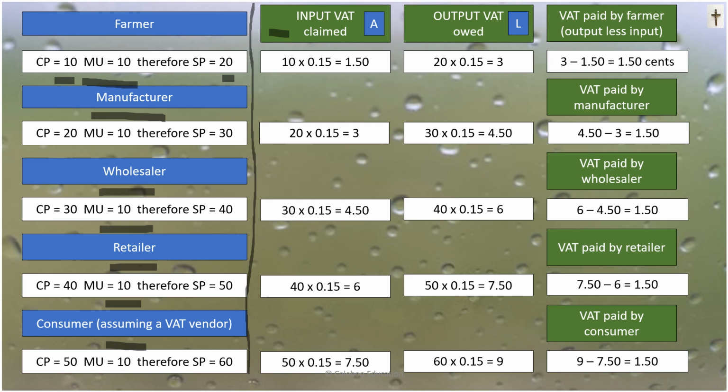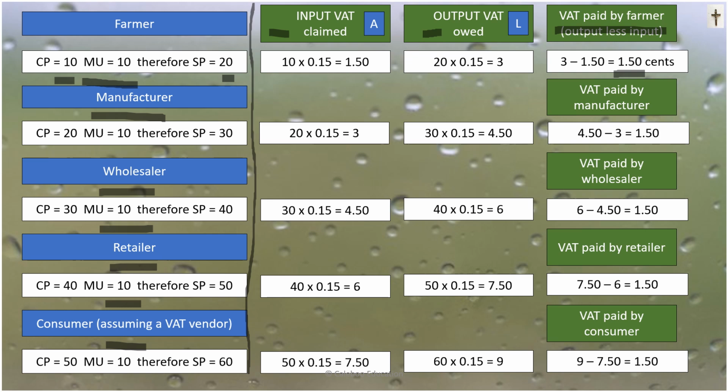We are going to calculate the VAT on the selling price, that is the output VAT. Then we're going to find the difference between the output VAT and the input VAT. And that amount of money is going to be paid over to the revenue services at each level of production.